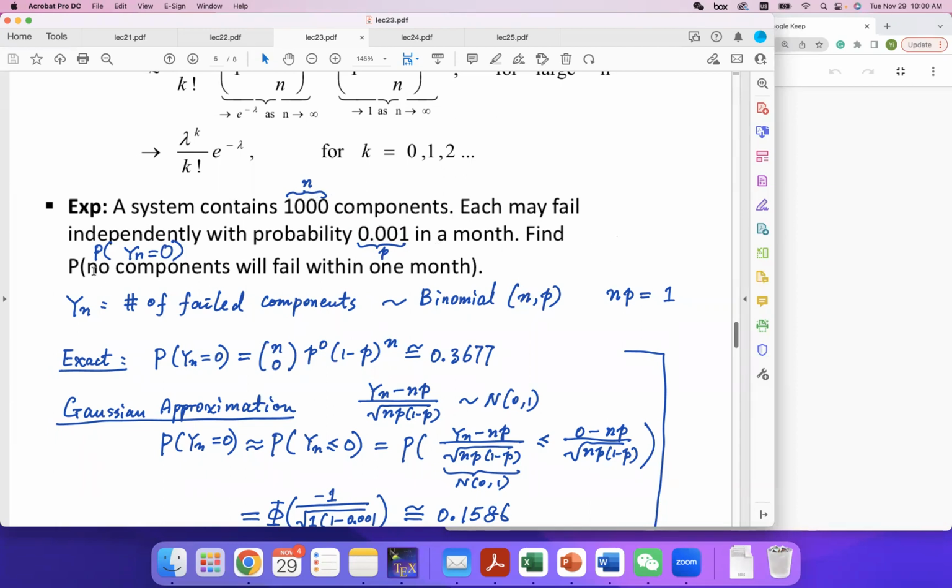And this event can be expressed as Yn equals 0. So the number of failed components equals 0, meaning that no components fail. So basically, we're looking at the probability that Yn equals 0.